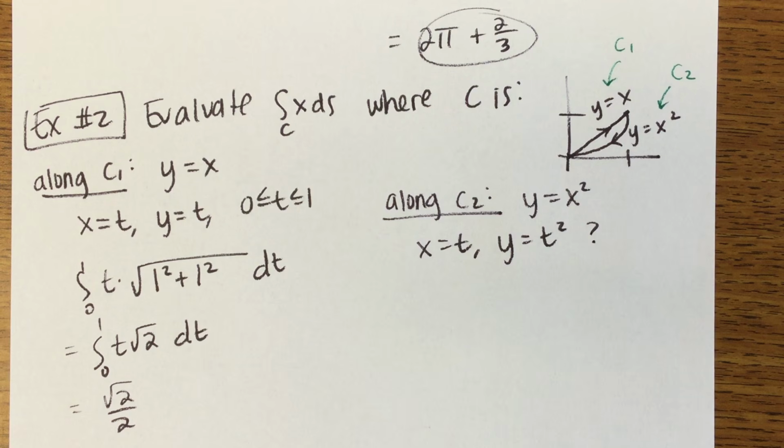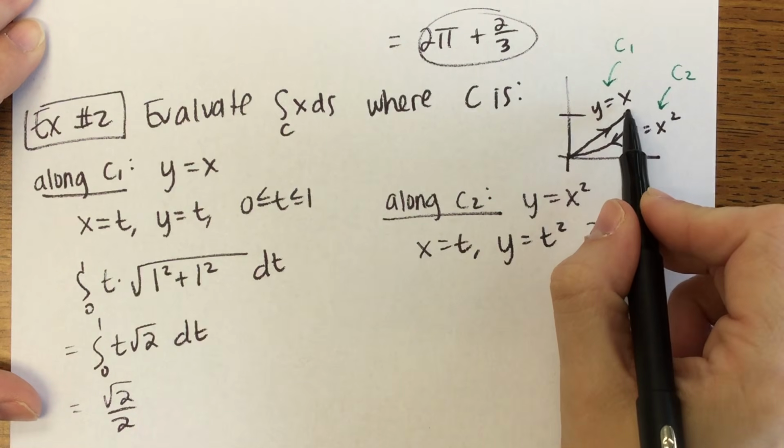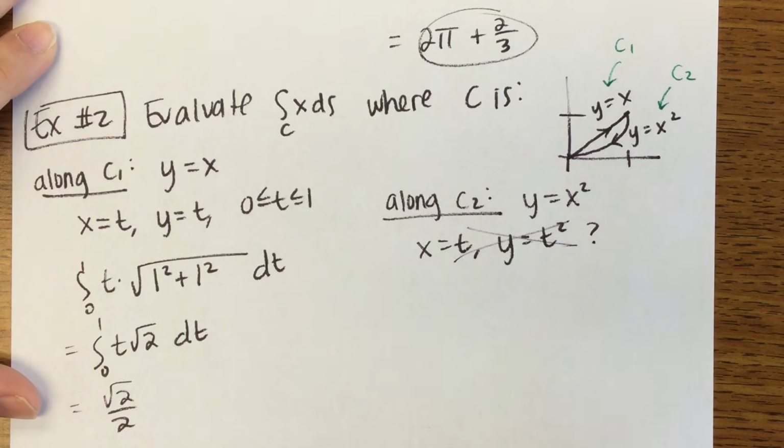If you plug in 0, what do you get? 0, 0. If you plug in 1, what do you get? 1, 1. What's the problem? If we go from 0 to 1, doesn't that start here and go the opposite direction that we want? Okay, this is not going to work.